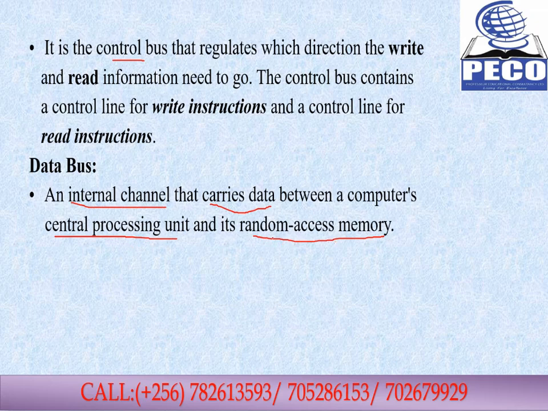When the data items move from random access memory to CPU, they are in the form of raw data. But when they are brought back, they are in the form of results, because they have been processed. Now they come back to random access memory, ready for writing on hard disk as feedback, or for sending to any of the output devices like a printer or the monitor screen where you can view them.